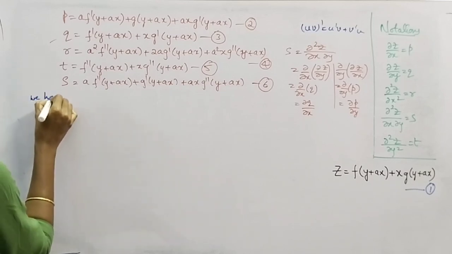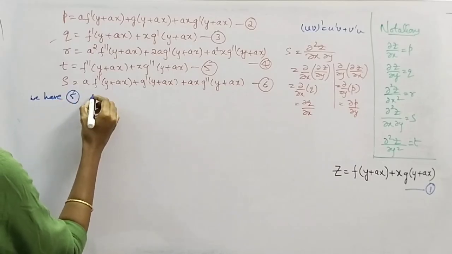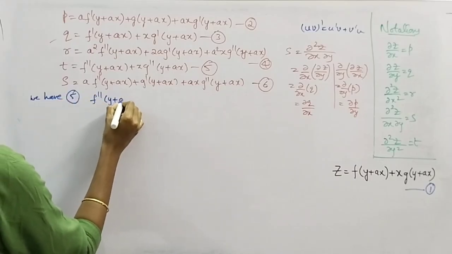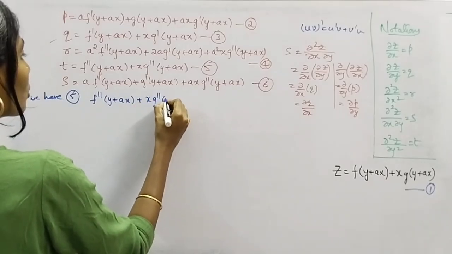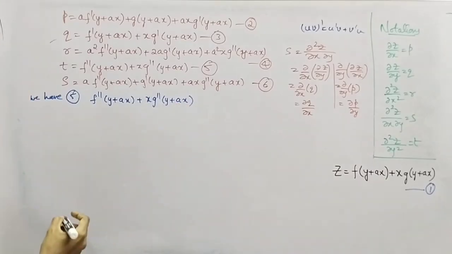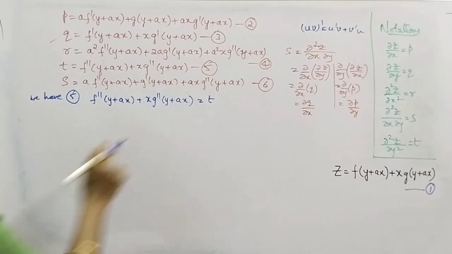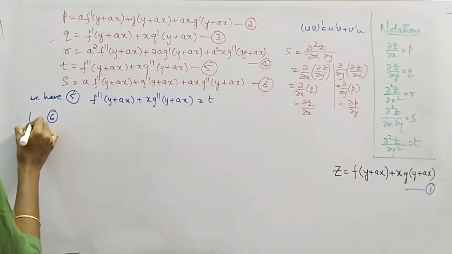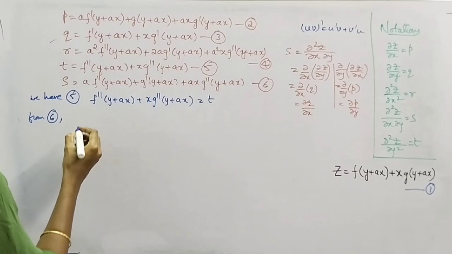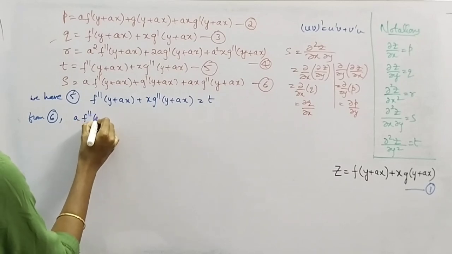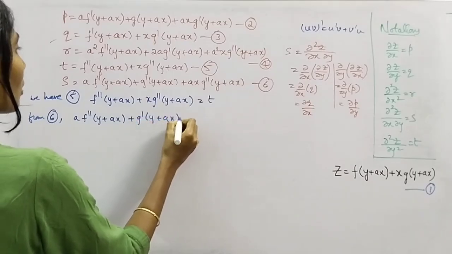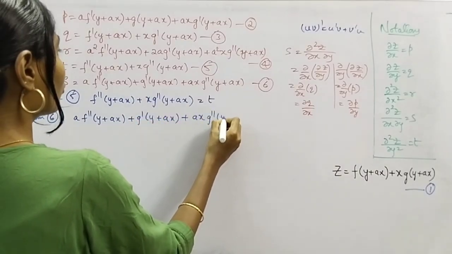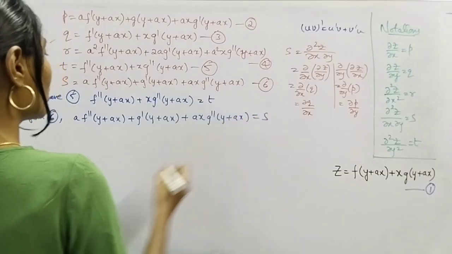We have equation 5, that is f double dash of (y + ax) plus x times g double dash of (y + ax) equal to t. Okay, fine. Now consider 6. From 6 we have a into f double dash of (y + ax) plus g dash of (y + ax) plus a x into g double dash of (y + ax) equal to s.